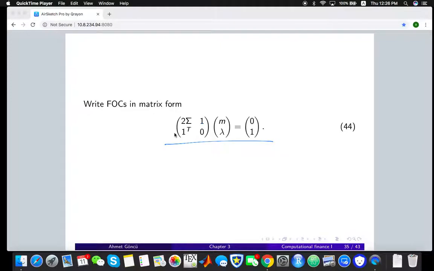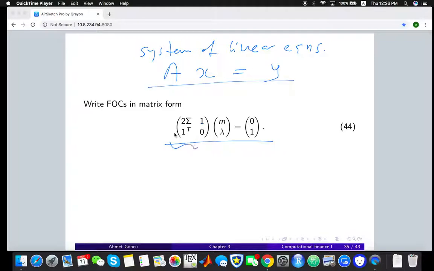We can now write this as a system of linear equations. Just as we have done before, remember that when we solved systems of linear equations, what we considered was A times x equals y. This was the setup before.